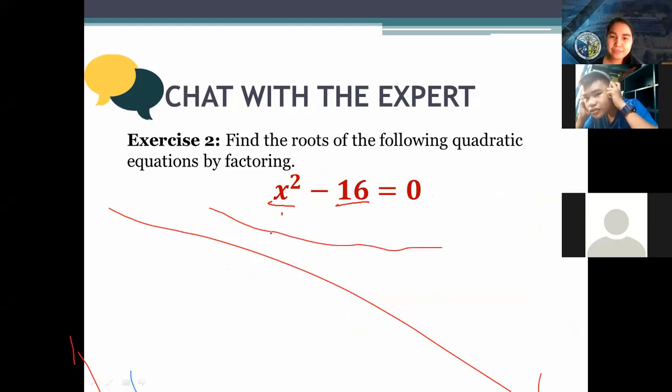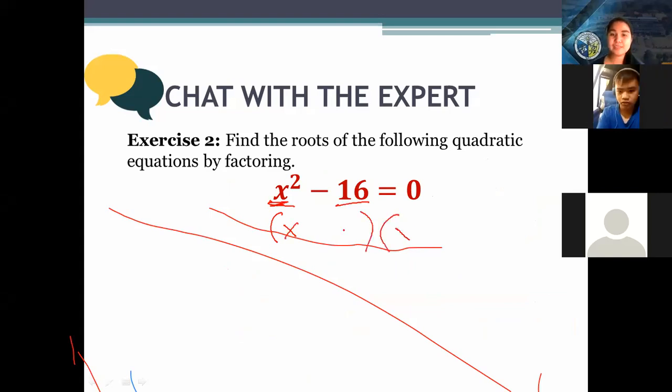So we have square root of x squared, x, and x. Next, square root of 16, 4, and 4. But since it's negative there, we say it's the sum and difference. So minus and plus, or plus and minus, the same.